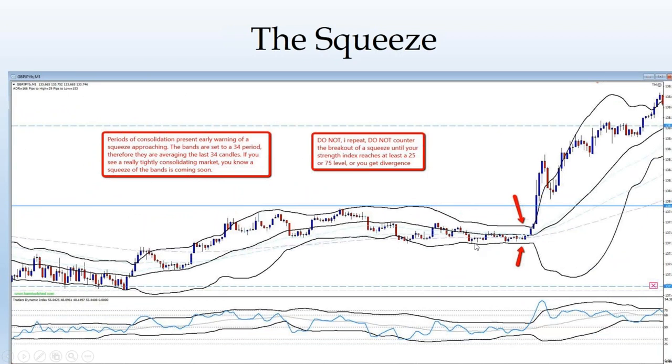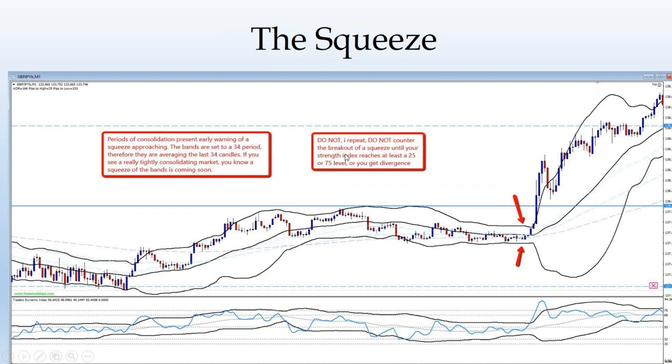All right, now check this out, the squeeze. Periods of consolidation present early warning of a squeeze approaching. The bands are set to a 34 period, therefore they are averaging the last 34 candles. If you see a really tightly consolidating market, you know that a squeeze of the bands is coming soon, okay? So it's an early warning.